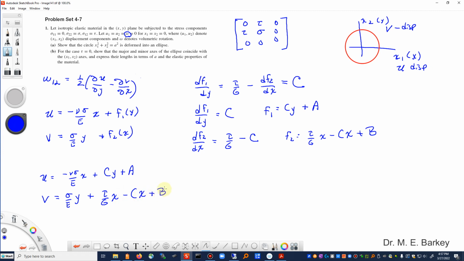All right, now we need to work a little bit more, given the information that we have. We need to see if we can figure out A, B, and C. Let me save this again.